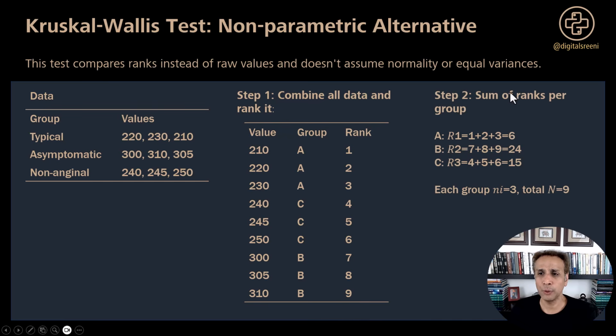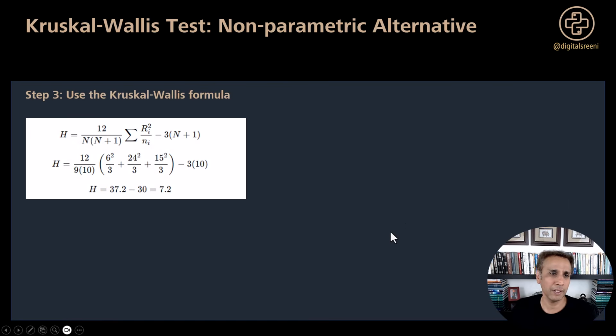Step 2 is the sum of ranks per group. For A, it's 1 plus 2 plus 3. For B, it's 7 plus 8 plus 9, and so on. Each group's number of data points is 3, so the total is 9. So far, so good. The next step is to use the Kruskal-Wallis formula, and here is the formula: 12 divided by n times n plus 1.